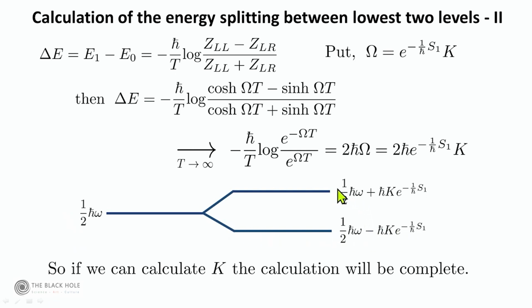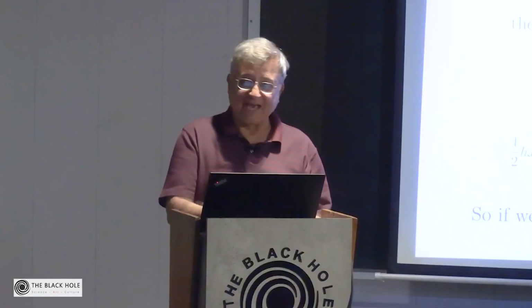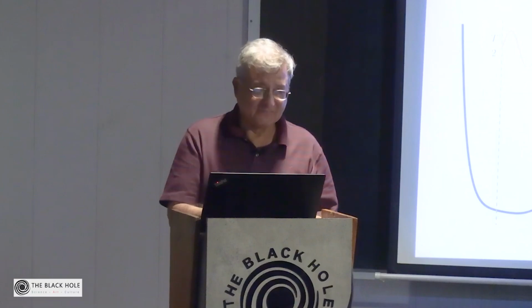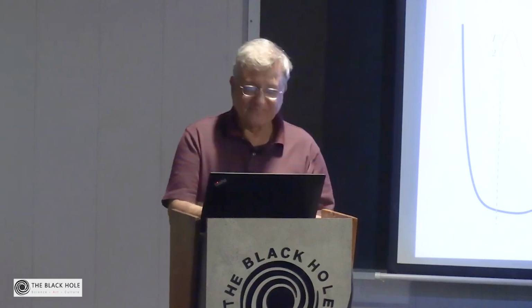The antisymmetric state goes up by this amount. The splitting between them is this. So you see, we have made an enormous amount of progress. The only thing is, what is the value of K? And now this is going to be the hard part of the calculation, and I will not complete it. But I will tell you the answer.